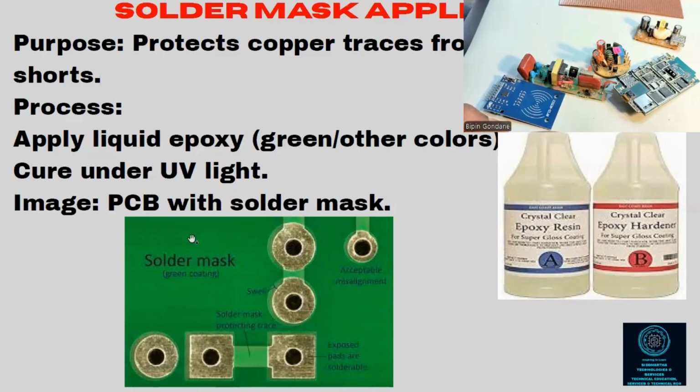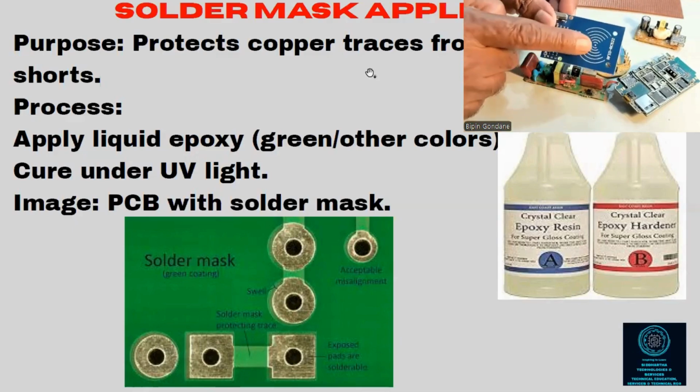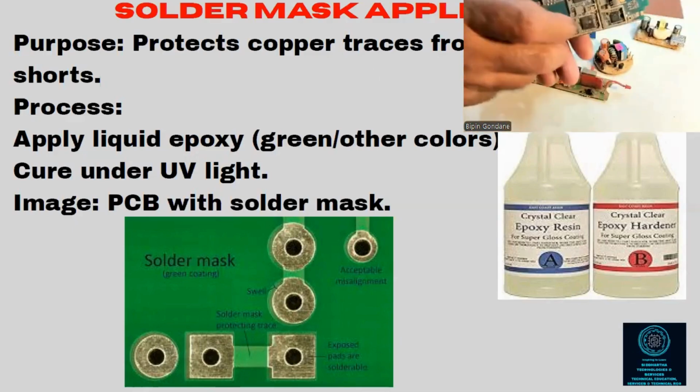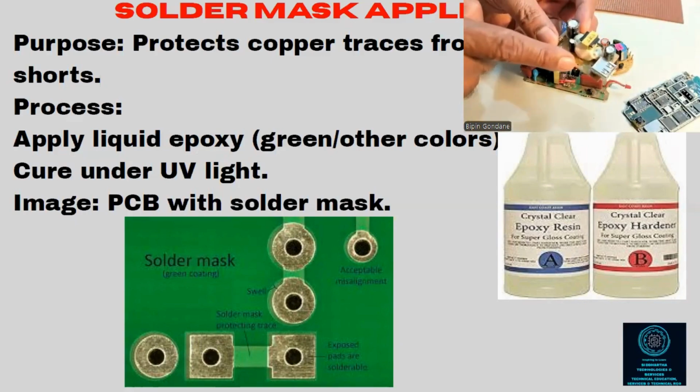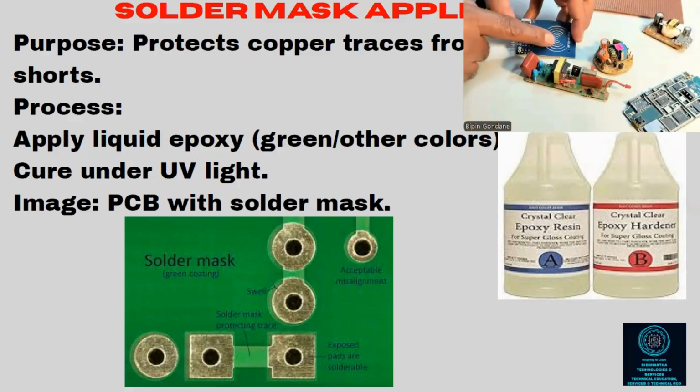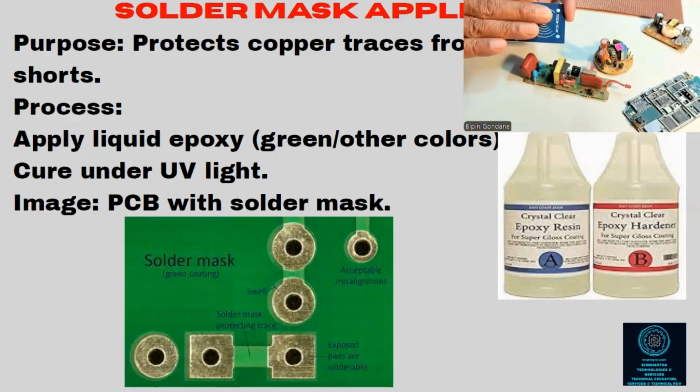Apart from this, you put some green or blue color. Suppose this PCB is blue in color, this PCB is green in color, and this doesn't have any color. The tracks are hidden behind this color because, to protect the tracks, we put a chemical compound, a liquid epoxy, green in color.